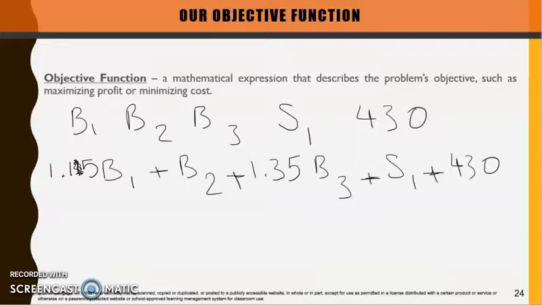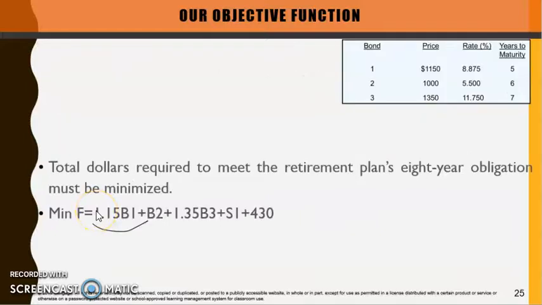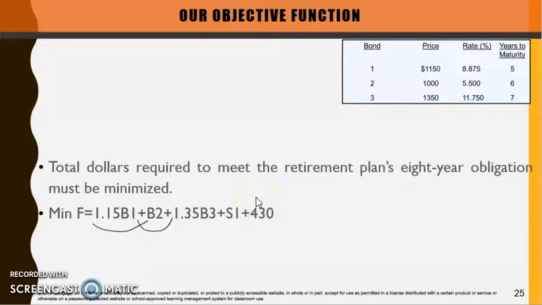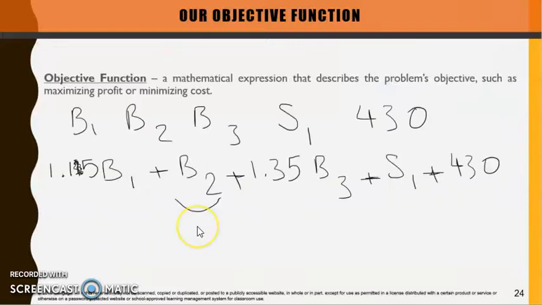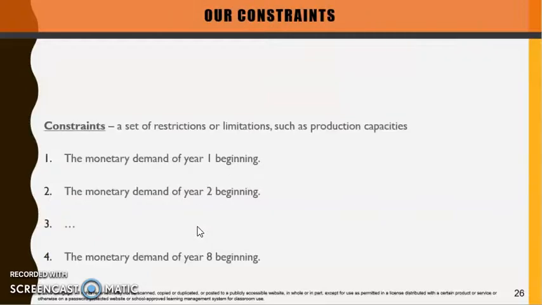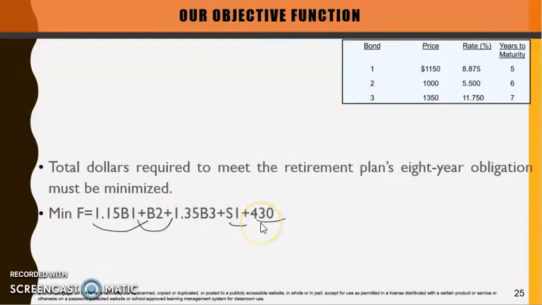After that, it goes for the number of B2. You can see they are the same, plus 1.35 B3, the amount of money that you put for B3, plus S1 plus 430. So now you have your objective function.